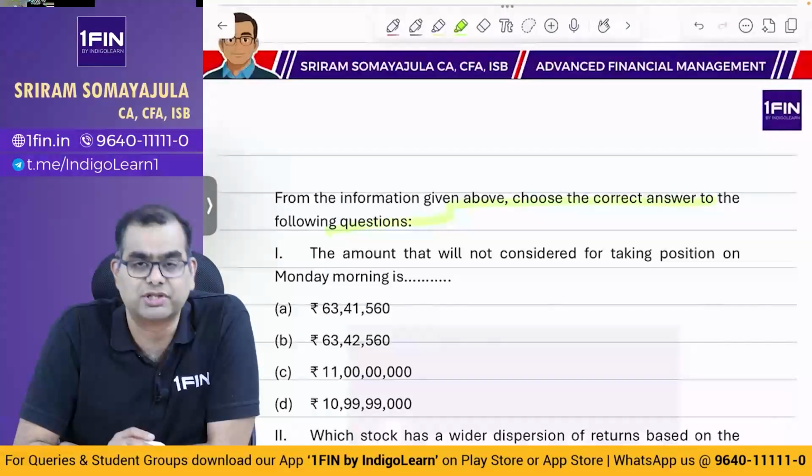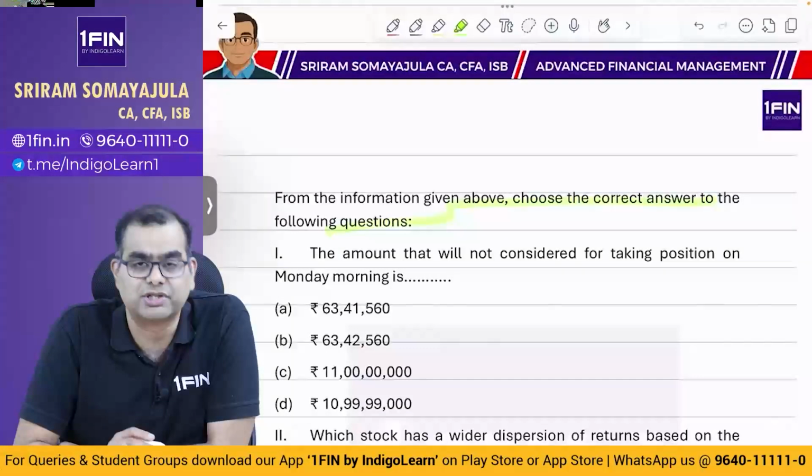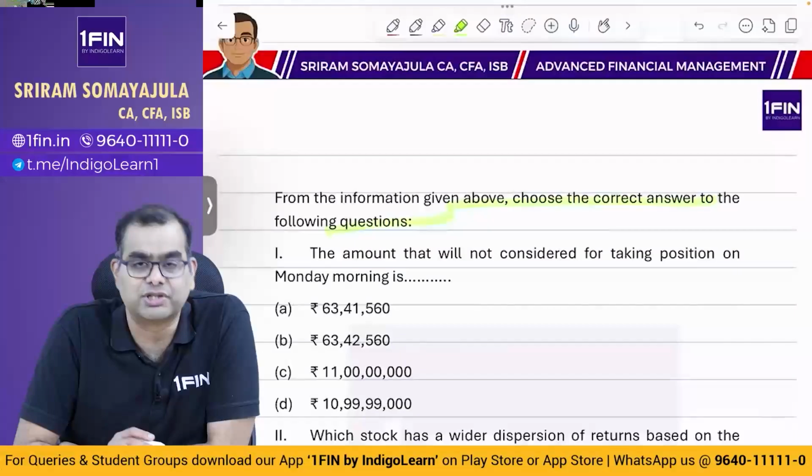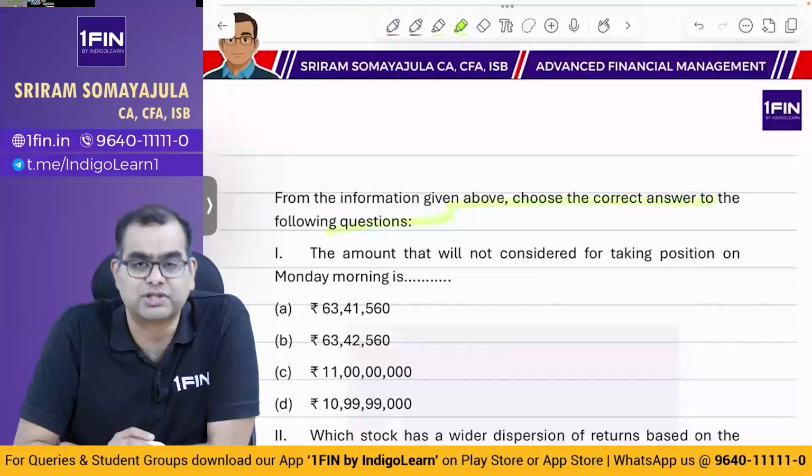Then second year is 3.8. Third year is 4.6. I wrote 4.8, it should be 4.6. And resale is 0.9.